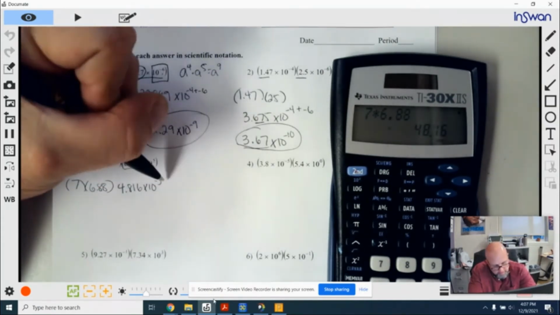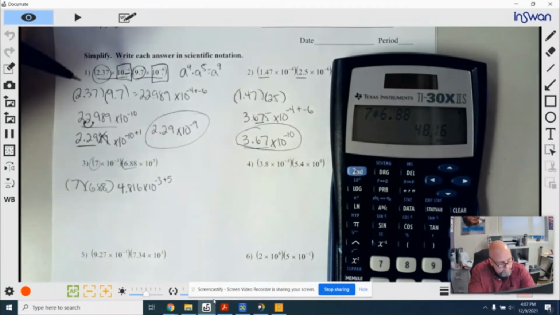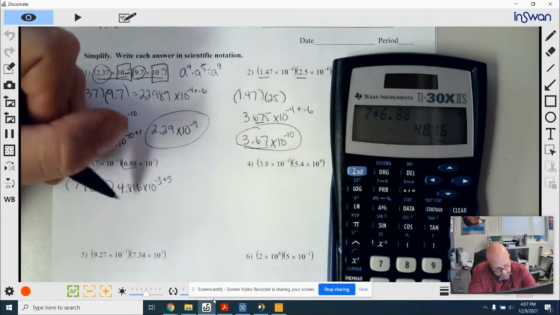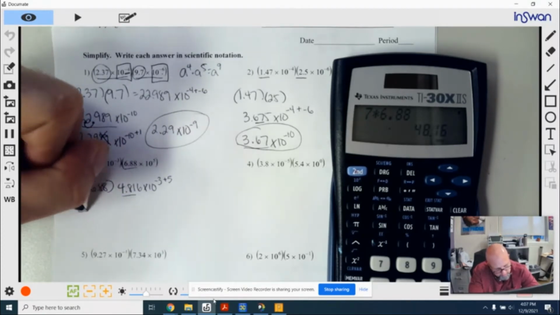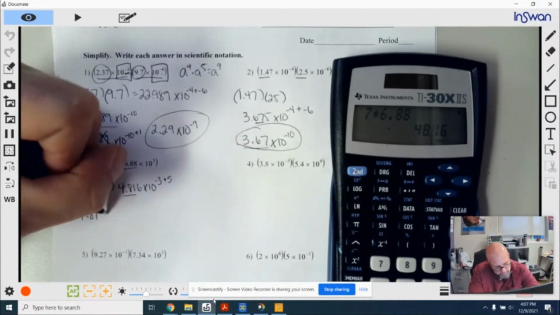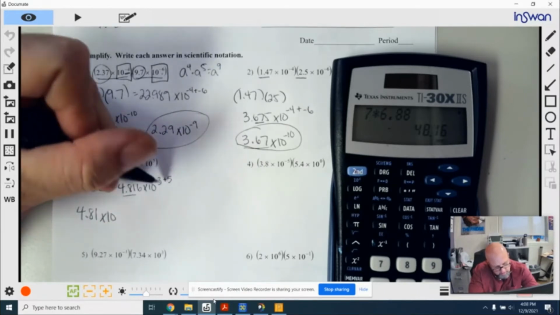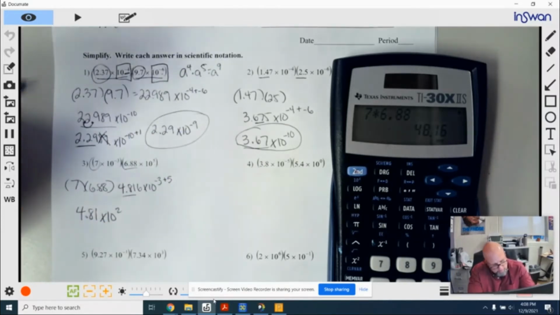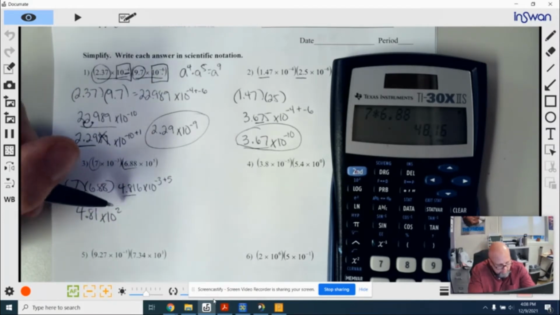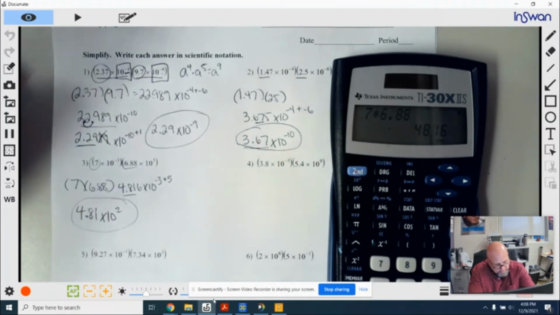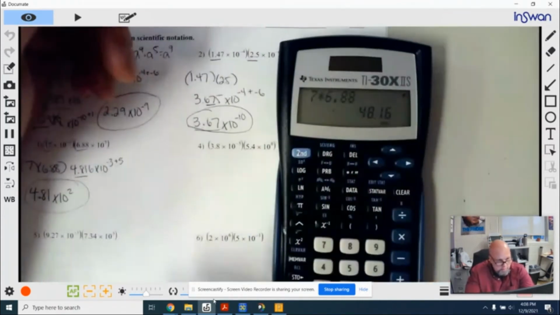I'm going to add it to the back one, 5. So then I'm going to only go with the first two digits after the decimal. So I'm going to have 4.81 times 10, -3 plus 5 is 2. Check out this one. We see the base number, it is 1 or more. It's less than 10, so the decimal doesn't have to be adjusted. So that's it.